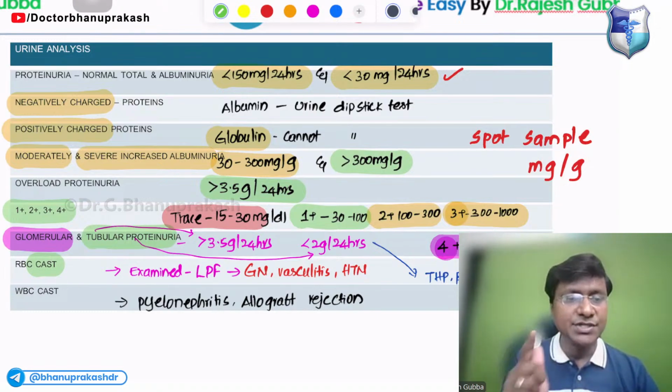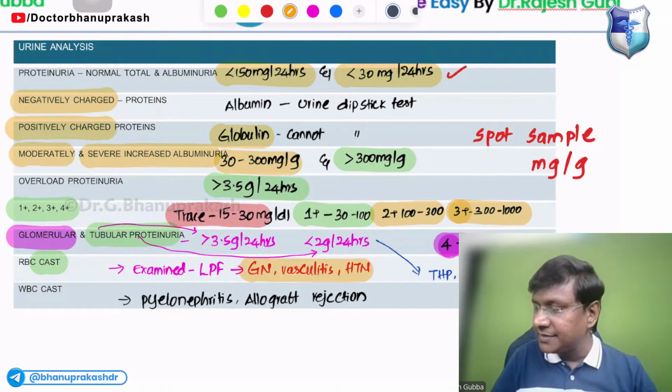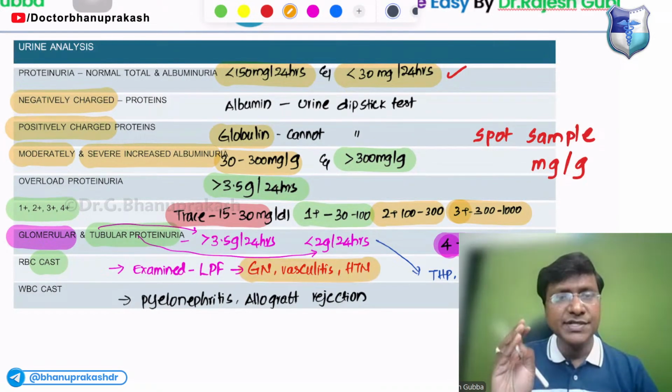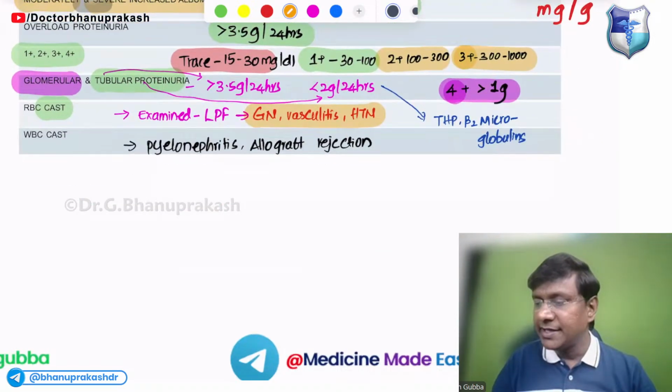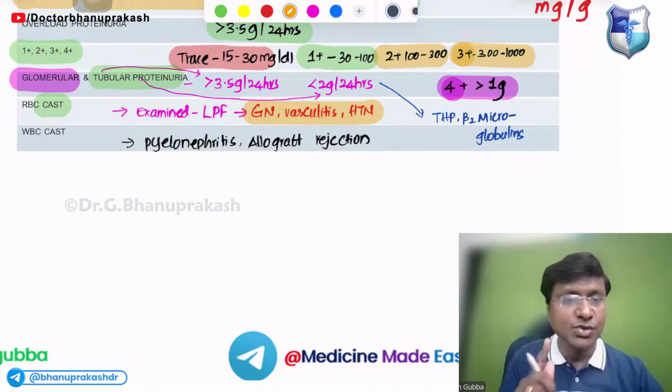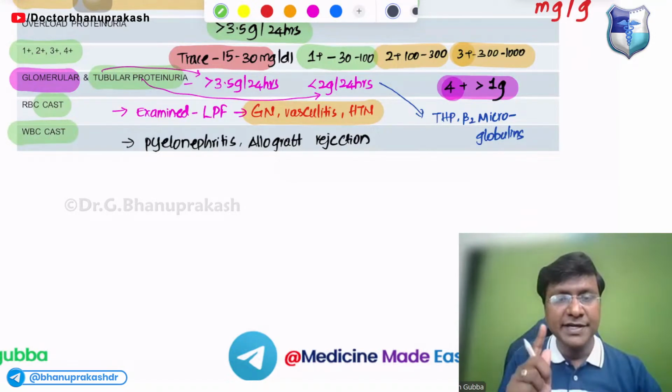Now, what are the conditions where you will have an RBC cast? RBC casts are present in glomerulonephritis, vasculitis, and hypertension. Then, what are the conditions where you have a WBC cast? WBC casts are present in conditions like pyelonephritis and allograft rejection.